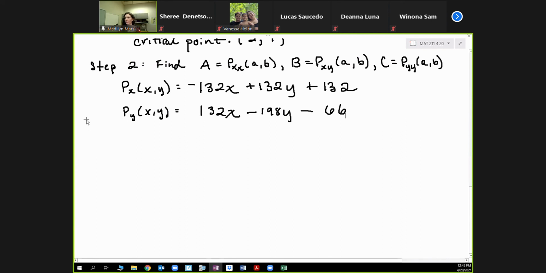So this is our first order partial derivatives with respect to x and y.